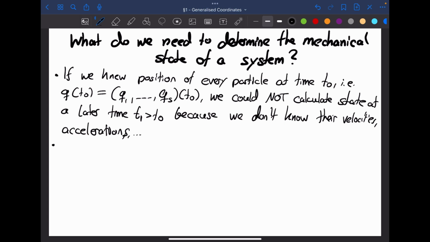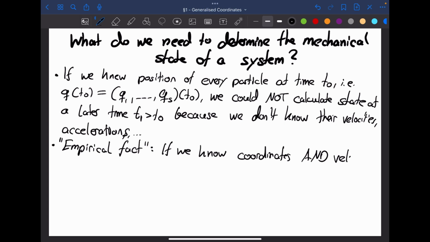And now here's an interesting thing, which the authors don't really go into very much. They just say something along the lines of it's an empirical fact, we know from experience, that if we know coordinates and velocities at the same time, that is, so it doesn't really help us if we knew the velocities 2 hours ago and we know the positions now, of course.